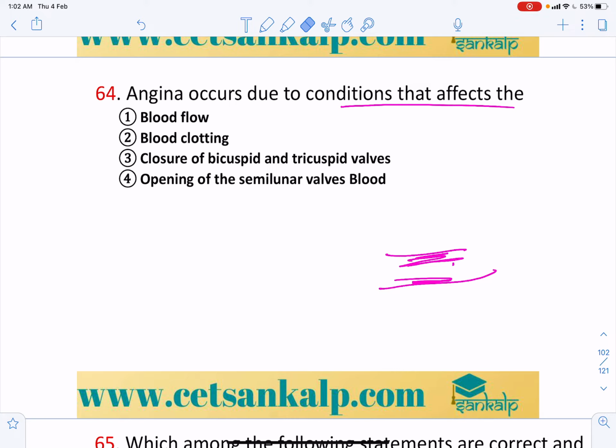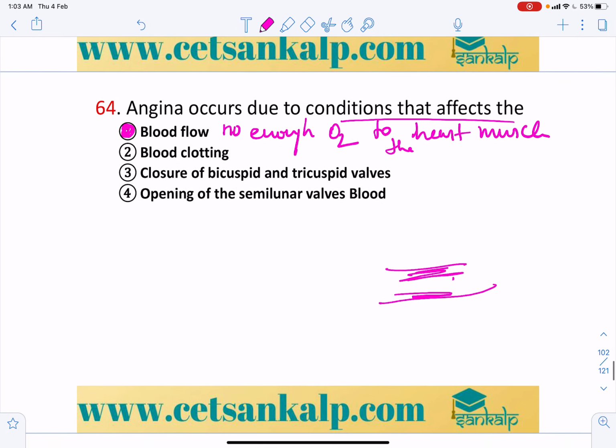So the chest pain will be there, because enough oxygen does not reach the heart muscle. Enough oxygen does not reach the heart muscle. So if you consider that there is not enough oxygen to the heart muscles, we can easily say blood flow is affected, right?